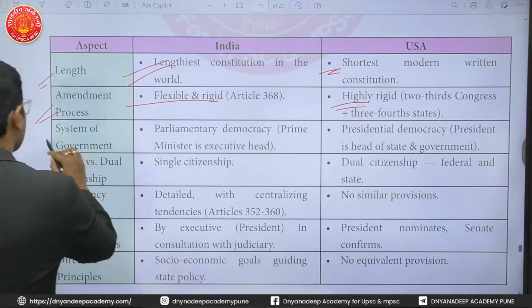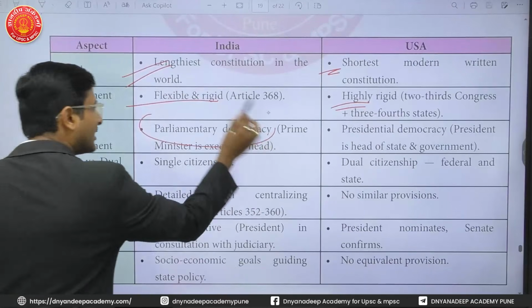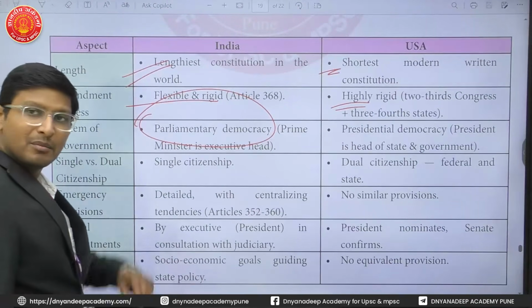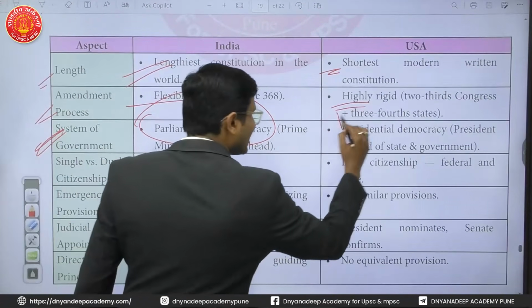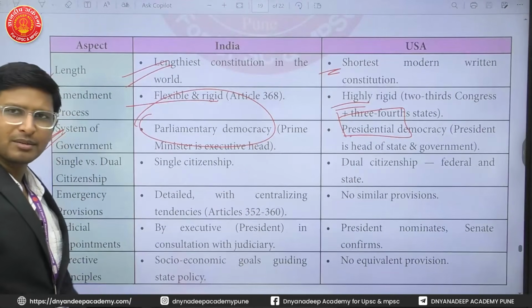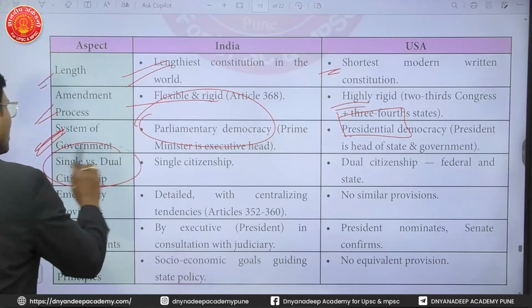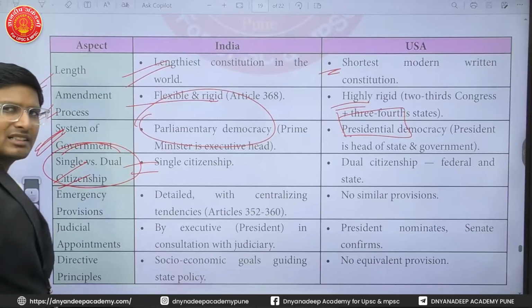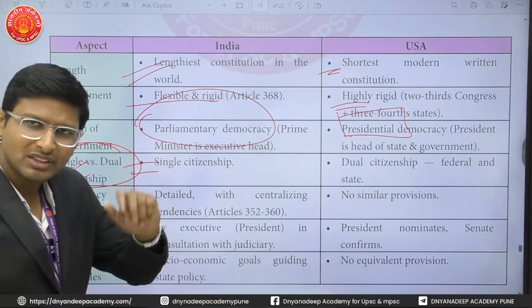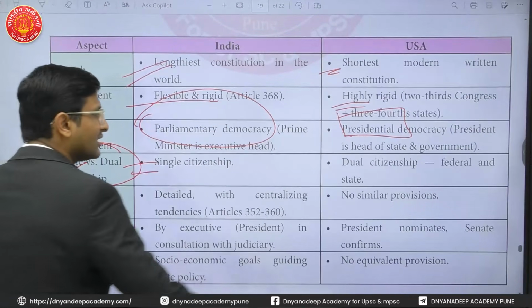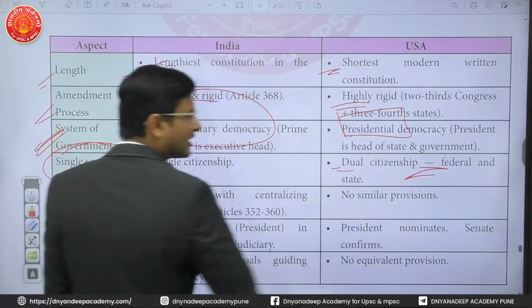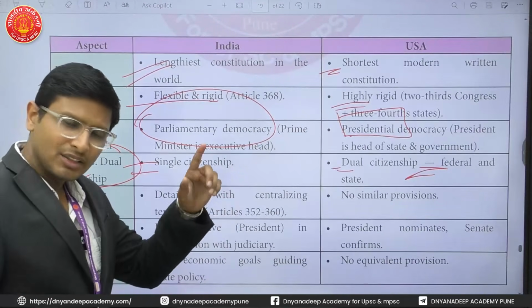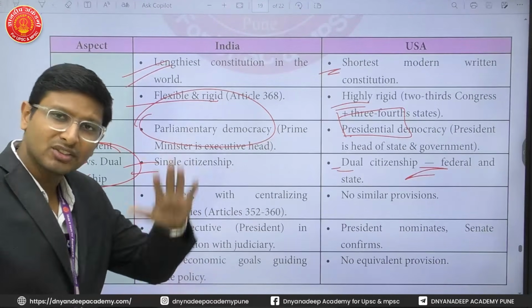System of government: it is a parliamentary democratic system in India, while America has the presidential system, where the President is more powerful. Single or dual citizenship: in India there is a single citizenship, the states do not have citizenship. But in the USA there is dual citizenship. It is a federal state: you are a citizen of America and also a citizen of the state.